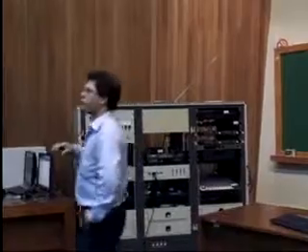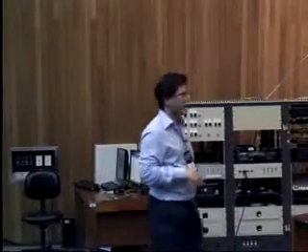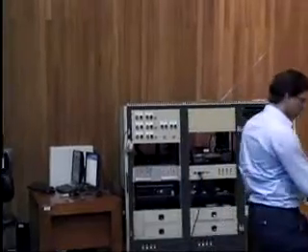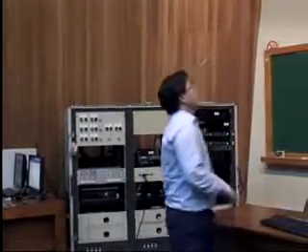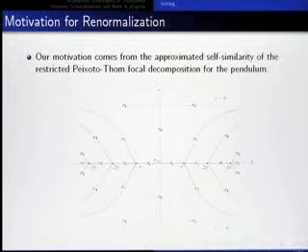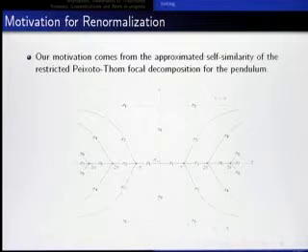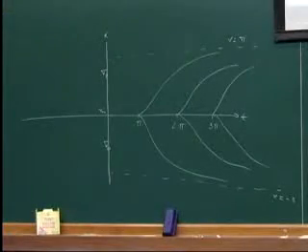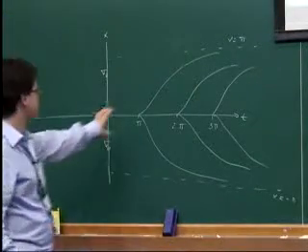So the renormalization operator that we introduce here acts on a family of mechanical systems that include the pendulum. Okay? So the motivation for the renormalization operator we choose comes from this focal decomposition and the approximate self-similarity of this structure.